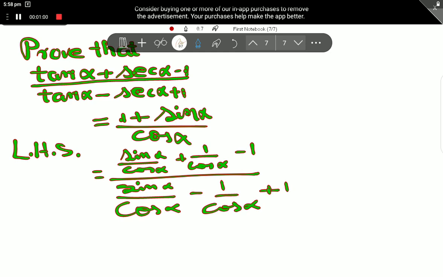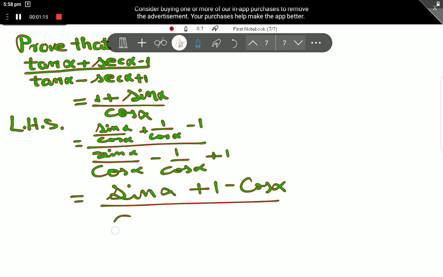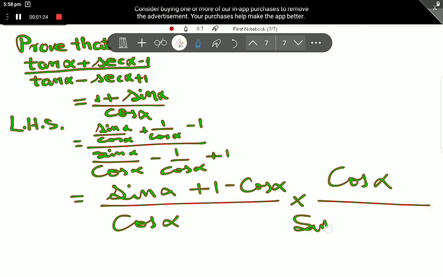Now we take the LCM, and so we have it as equal to sin alpha plus 1 minus cos alpha divided by cos alpha. We can cross multiply as well, and we can write it as cos alpha divided by sin alpha minus 1 plus cos alpha.